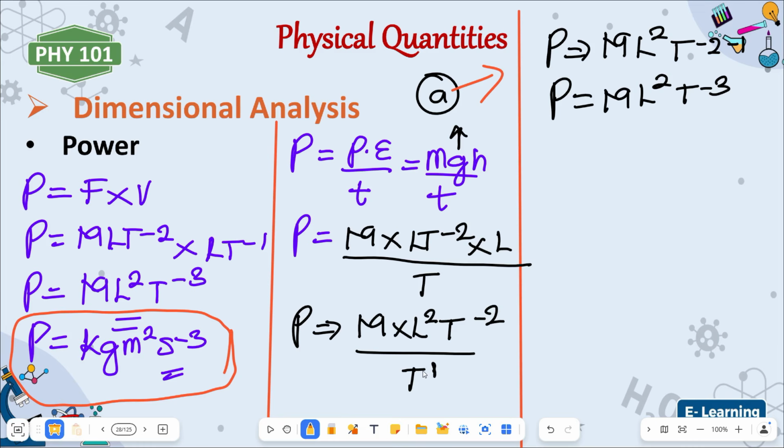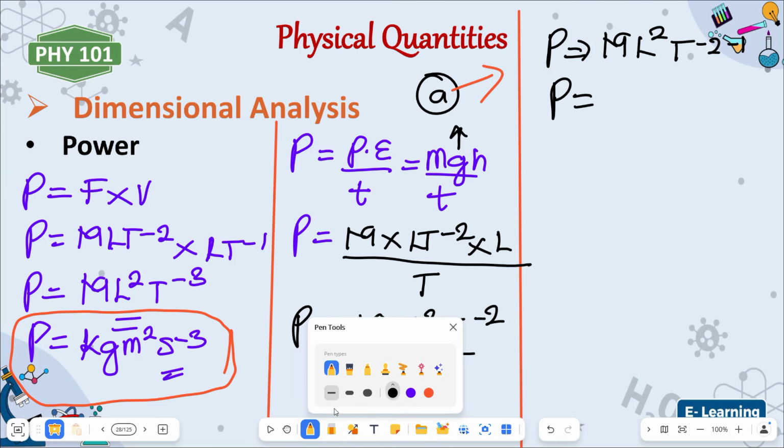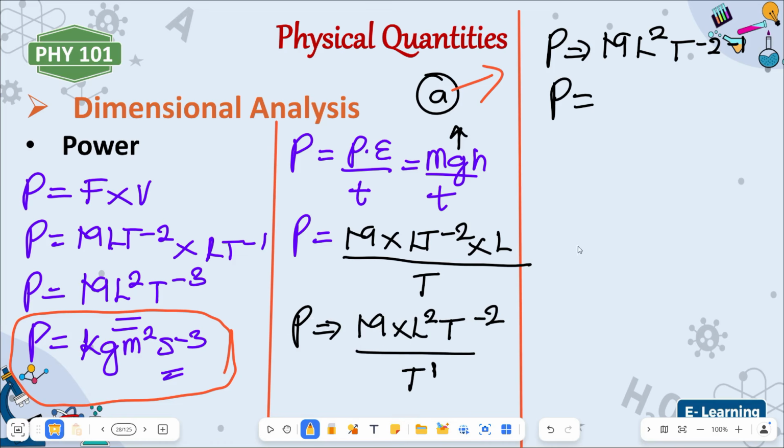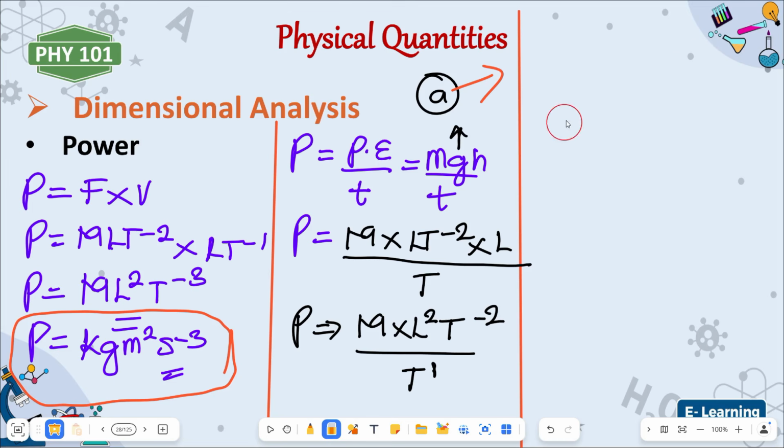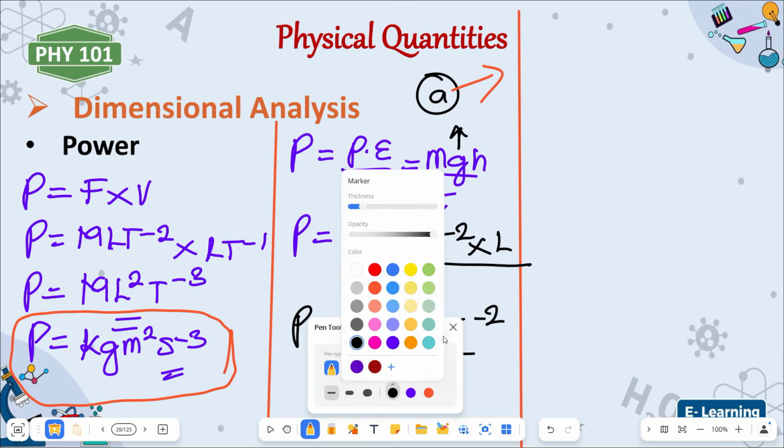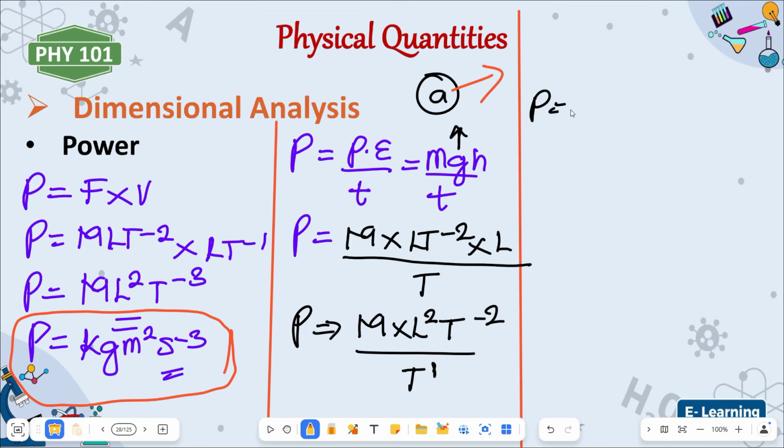I told you that this T to the power of 1, if it crosses up, it will give us minus 1. Let me erase it, because some of you can be very funny people. Okay, now from here, if I start to erase them. So power is mL^2T^-2 times T raised to the power of 1.